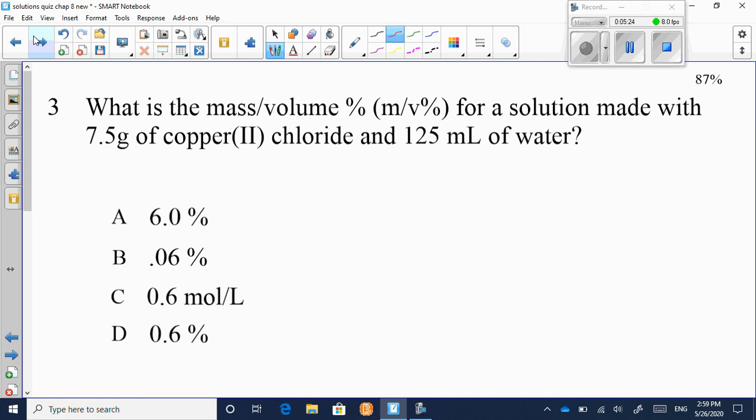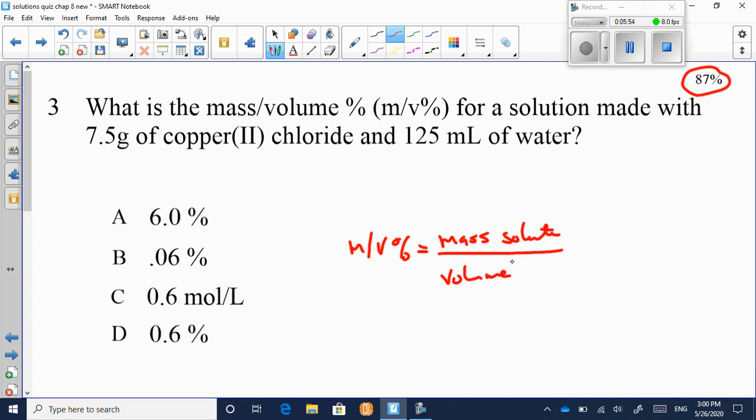Okay, number 3. It says, what is the mass volume percent, or the MV percent, for a solution made with 7.5 grams of copper(II) chloride and 125 milliliters of water? Well, 87% of the people got that correct. For this one, the formula is that the mass volume percent is the mass of solute divided by the volume of solution, where the mass is in grams and the volume is in milliliters.